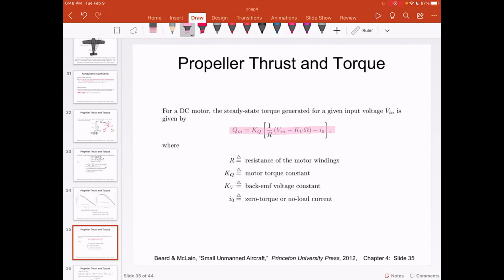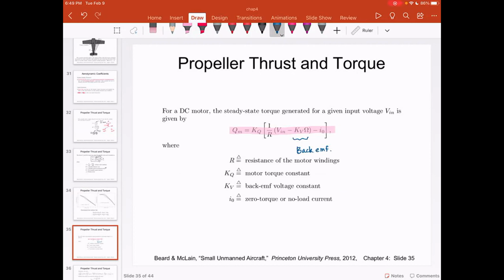So this is the equation that is used for finding out the torque that is given by the motor. And you might have seen the exact same equation when you studied electric motors or electric circuits. But please note, this product is nothing but back EMF. As you know, back EMF is required for the motor to run. V in is the supplied voltage and I naught is the base current.